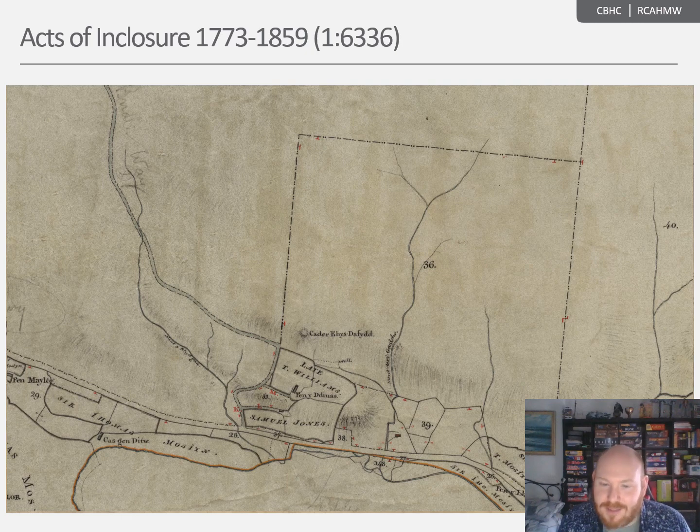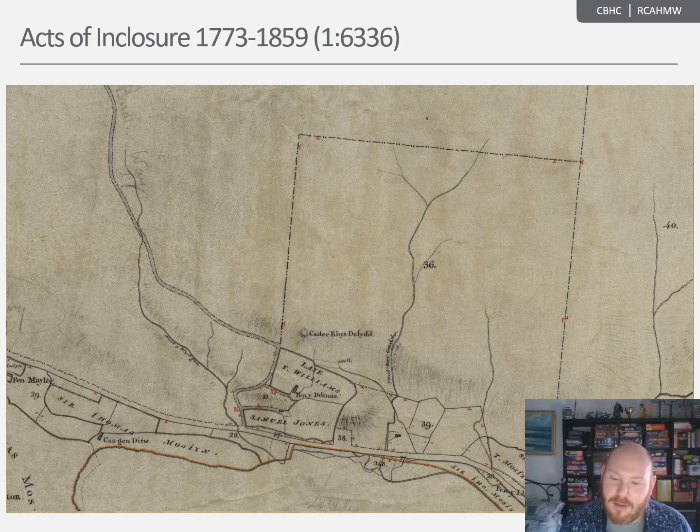The other important thing about these maps is they also give us things like place name evidence, and sometimes they depict features. So you can see on this map, you've got a feature there called Cadair Rhys Dafydd, or the Chair of Rhys Dafydd. What that is, we don't know. But it doesn't exist on any other map. And in fact, it doesn't exist anywhere else in the historic record.